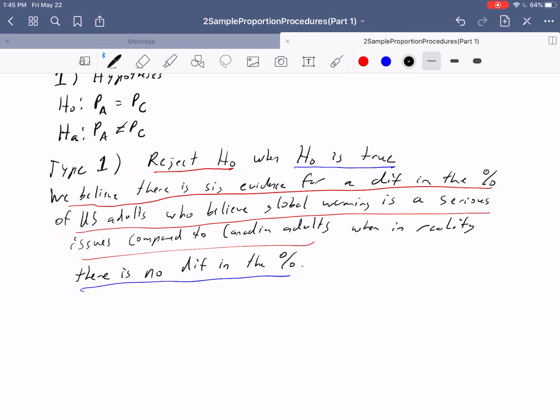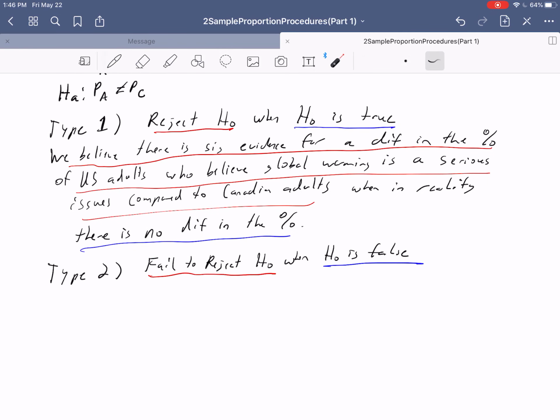All right, let's try that for type 2 as well. So type 2 is where we fail to reject H0 when H0 is false. Failing to reject H0 basically says the same thing as this, except that there is no significant evidence.